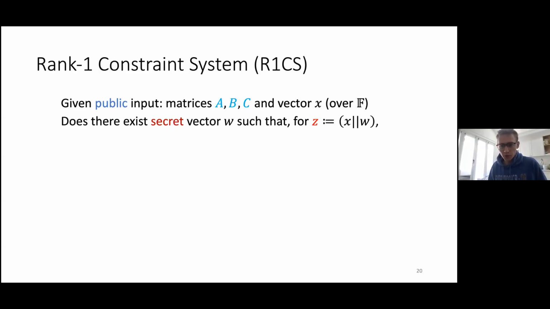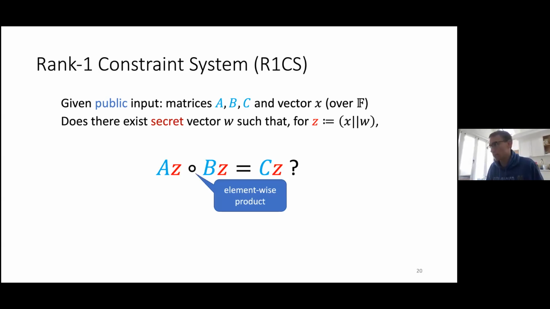And what we need to show, to show that the circuit is satisfied, is that there exists a secret vector W, such that for Z, the concatenation of X and W, AZ Hadamard product BZ equals CZ. So this is the element-wise or Hadamard product. And as I already said, there's a pretty straightforward transformation to construct these matrices A, B, and C from an arithmetic circuit.